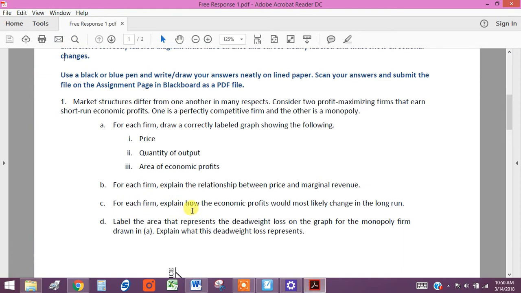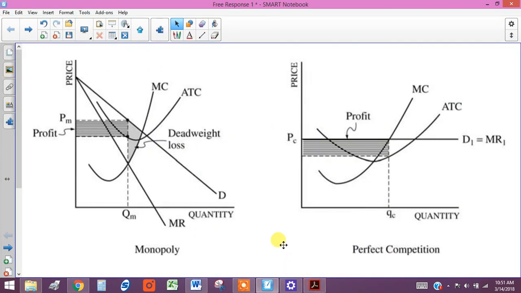Okay, for each firm, explain how economic profits would likely change in the long run. Well, these are going to be different, because the way we define a monopoly is that there are barriers to entry into the market. This firm has a monopoly on the market. So it's going to be very hard for any other firm to come into whatever this market is.